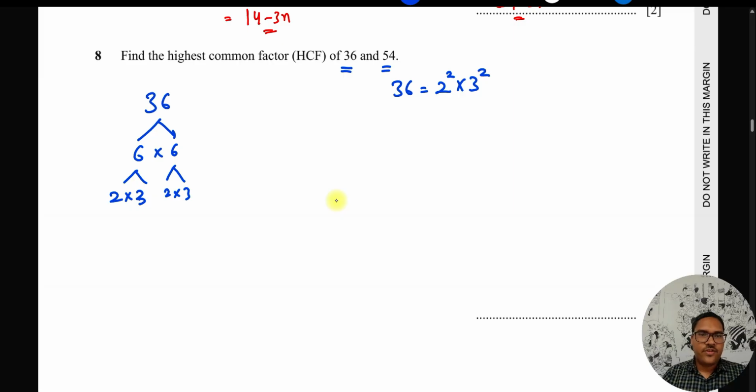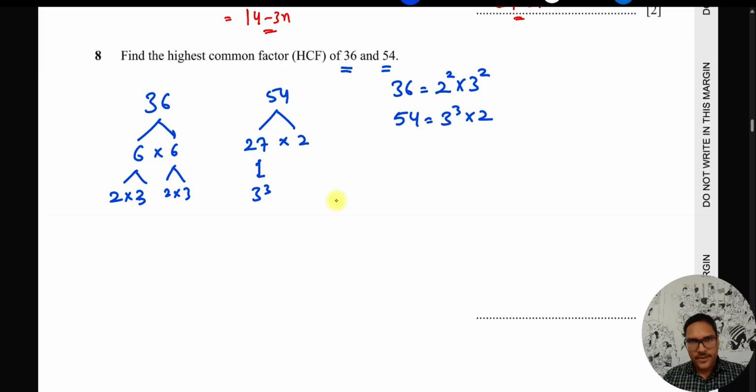Similarly 54, I can say 2 into 27, and 27 is basically 3 cube. So 54 is 2 into 3 cube.